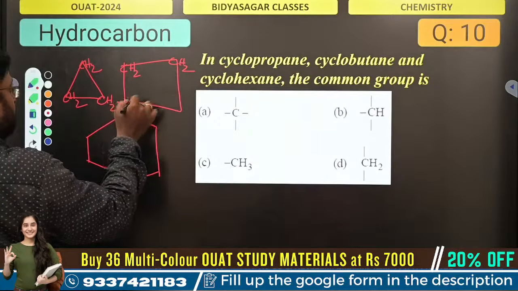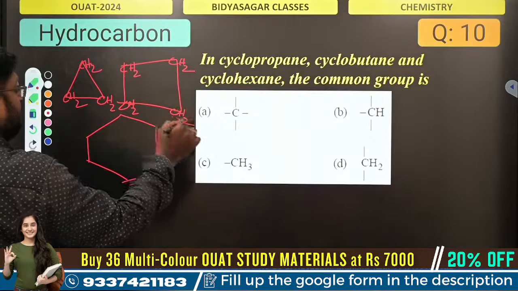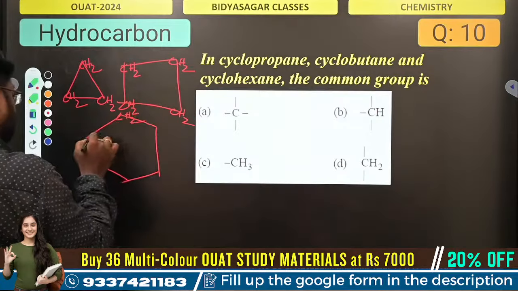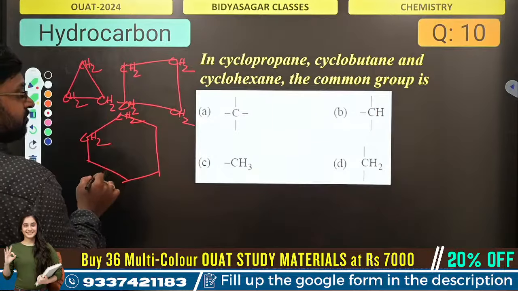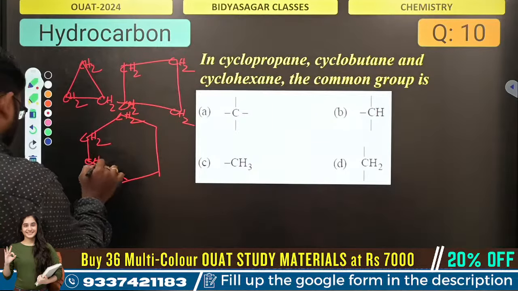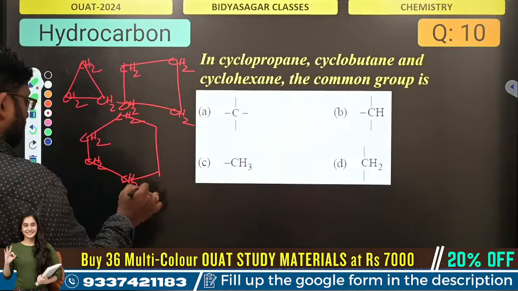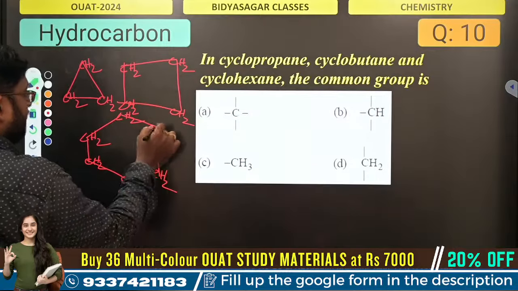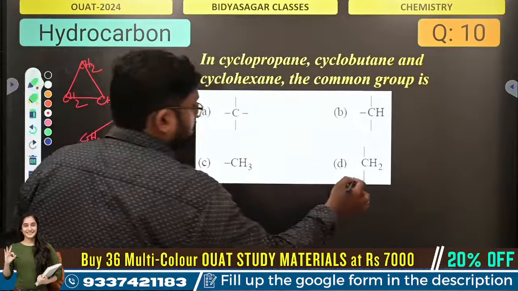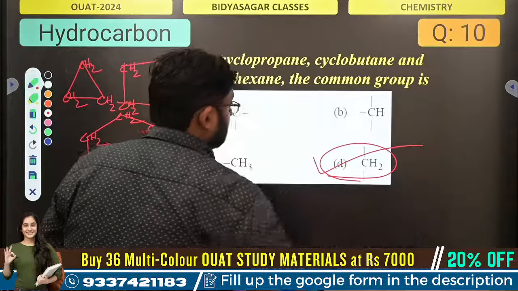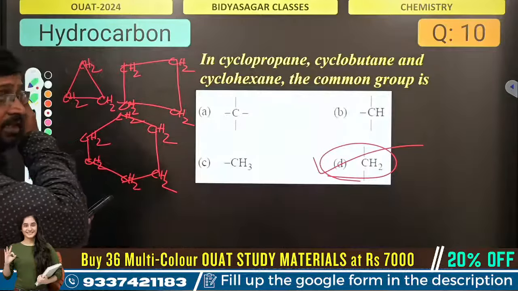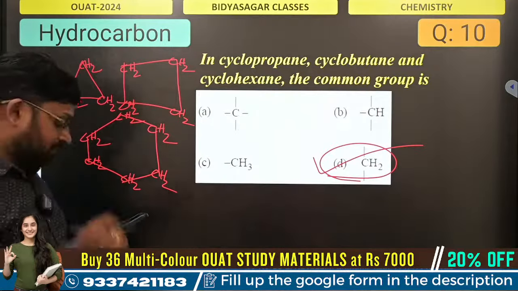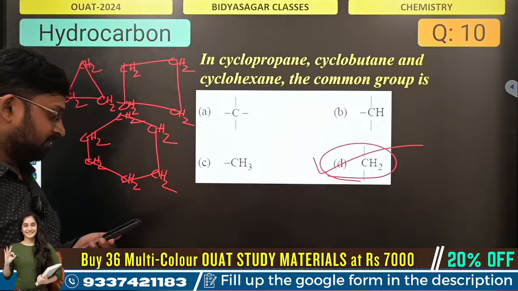Each corner has a CH2 group. So the answer is CH2, the methylene group. So option D is the correct answer, because in all the cases the CH2 group is very common.